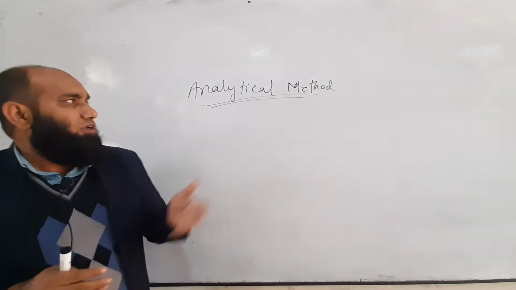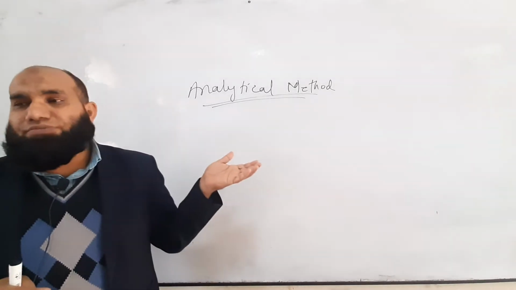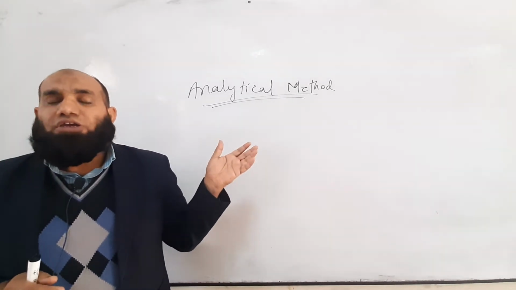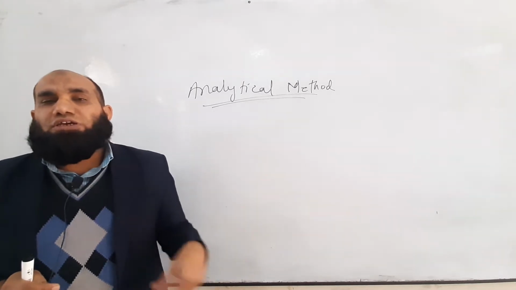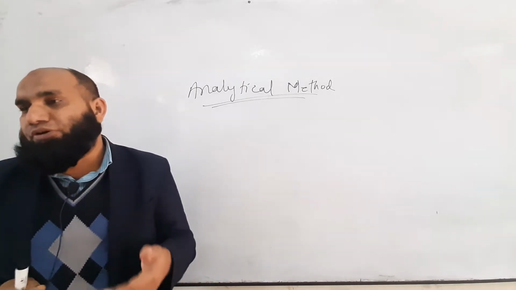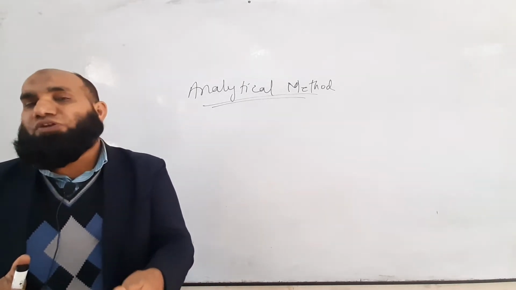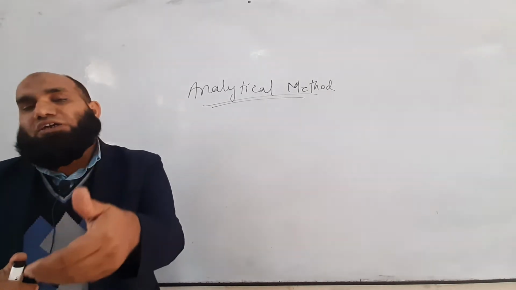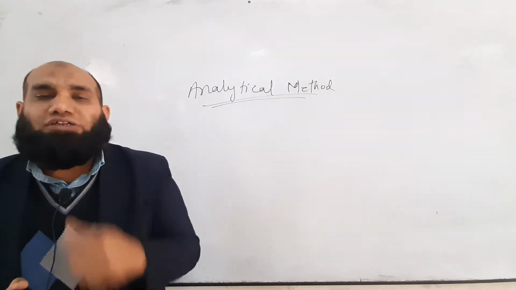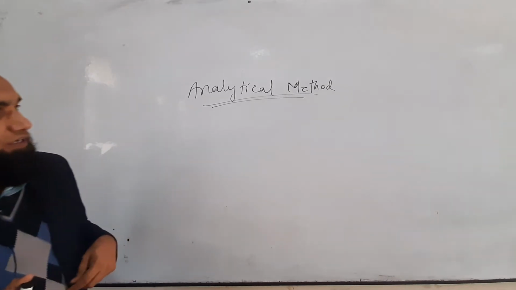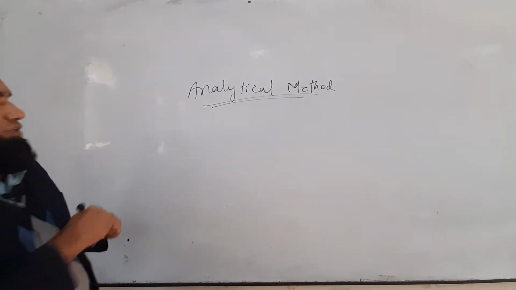When we are considering the analytical method, it means the drug is already proven, and now we are just calculating its amount within the body or at the site of action, and its rate. In the case of the analytical method, we can use different instruments.